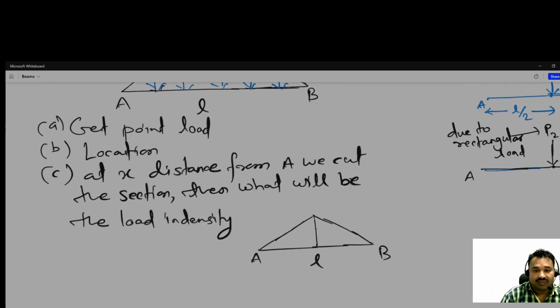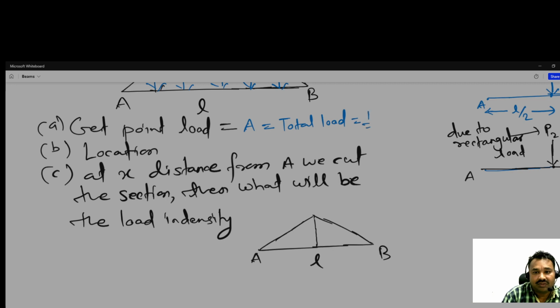So what will be the area, meaning the point load? The area is equal to the total load.